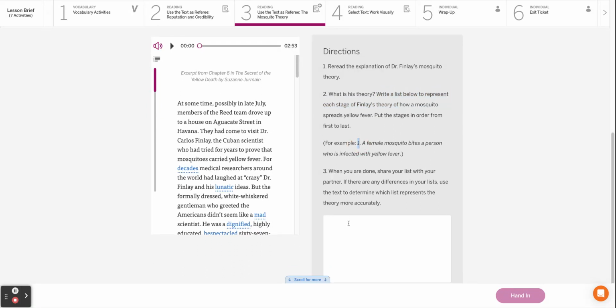So number 1, stage 1, stage 2, stage 3. If you want to highlight them in your text first so you know exactly what you're doing, that's fine. This is not, I repeat, not copy and paste. I want you to explain each step in your own words. We're not going to share with a partner this time. You need to make sure that you have that completed on your own.